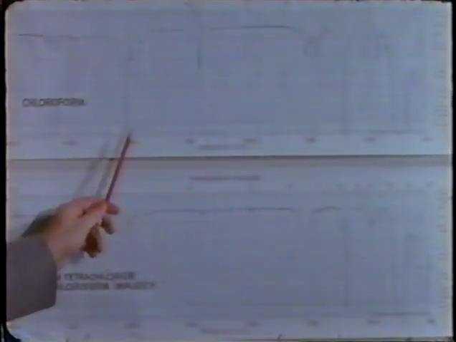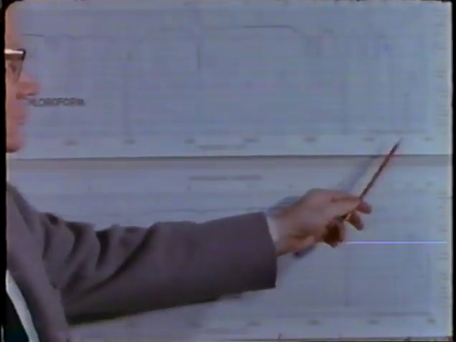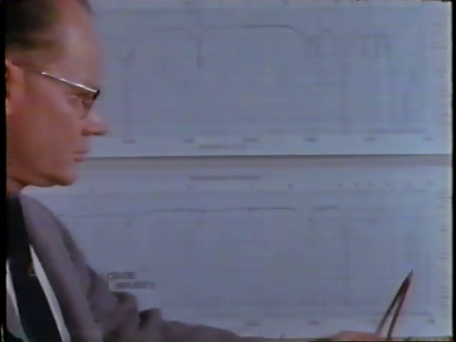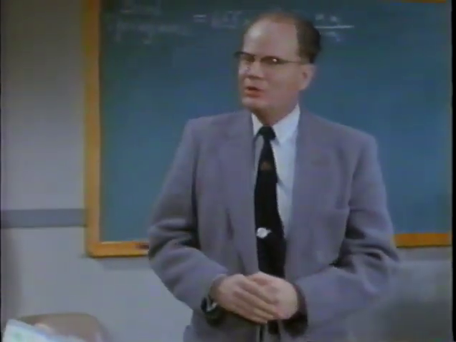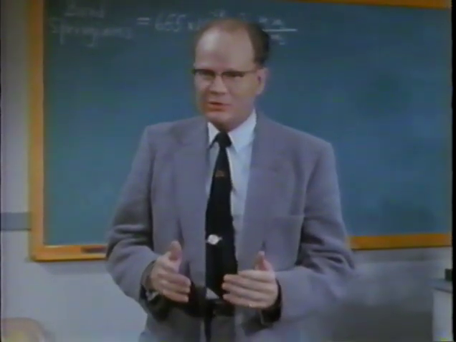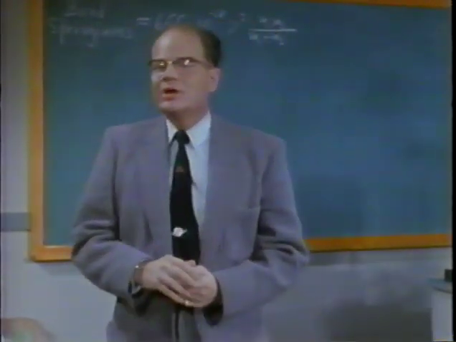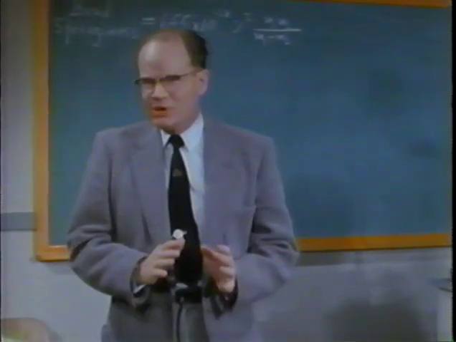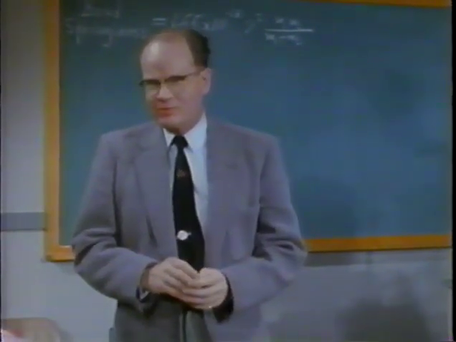These three strong characteristic frequencies of chloroform show up nicely here, here, and here, clearly revealing its presence in the carbon tetrachloride. Spectroscopy not only can tell us what chemicals are present and in what amounts, but, far more interesting, can give us basic information about the molecule and its structure.